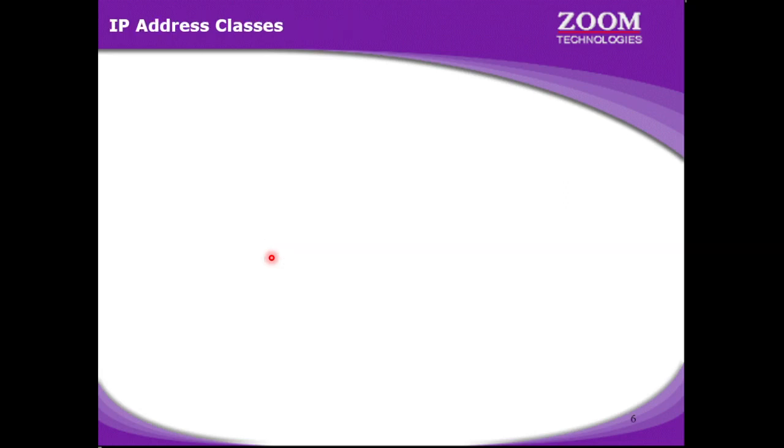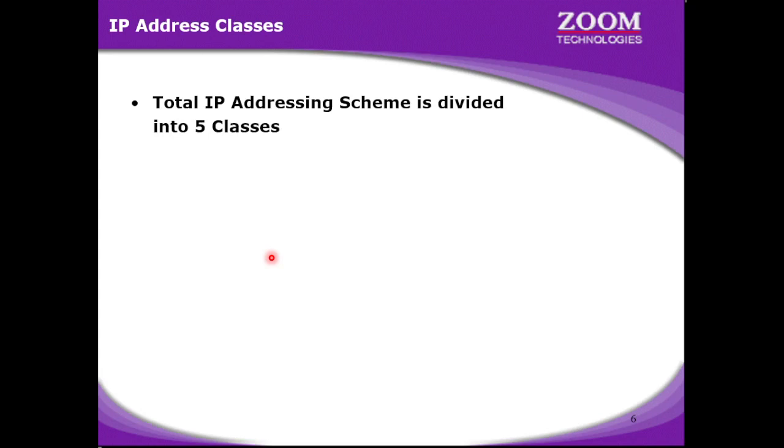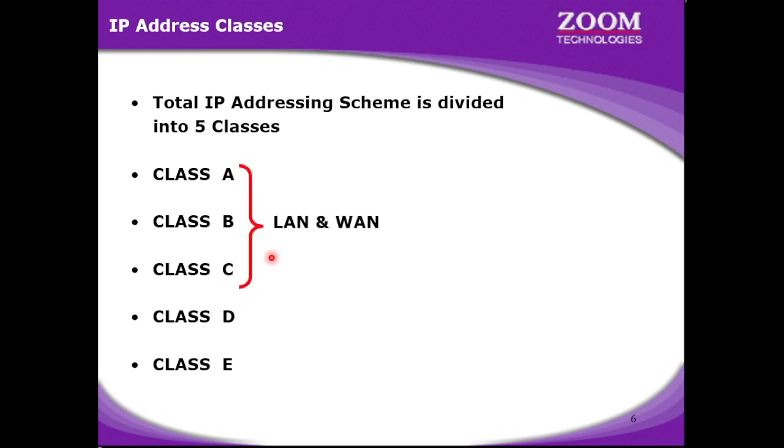Okay? So, the total IP addressing scheme is divided into 5 classes. Ano-ano po yung 5 classes na meron tayo? Una is the class A. Okay? Class A, we have class B. Meron din po tayo class C, class D, and class E. So yung class A to C, these are used for local area network, yung tinatawag nating LAN, and wide area network, or yung tinatawag natin na WAN.